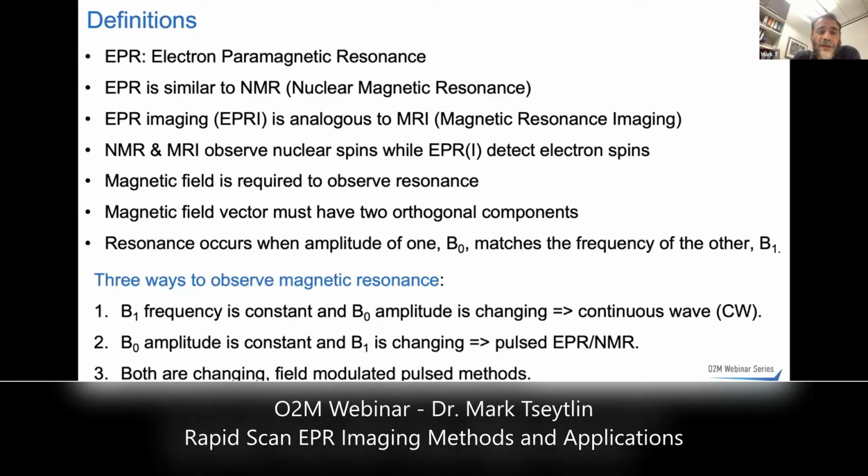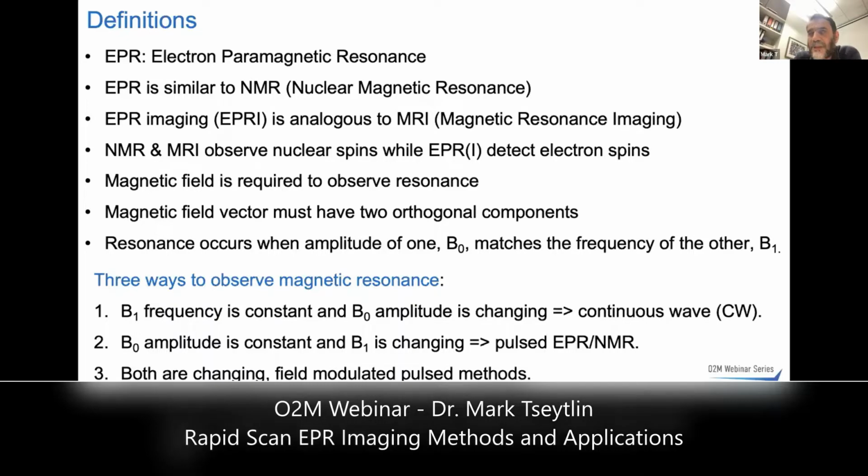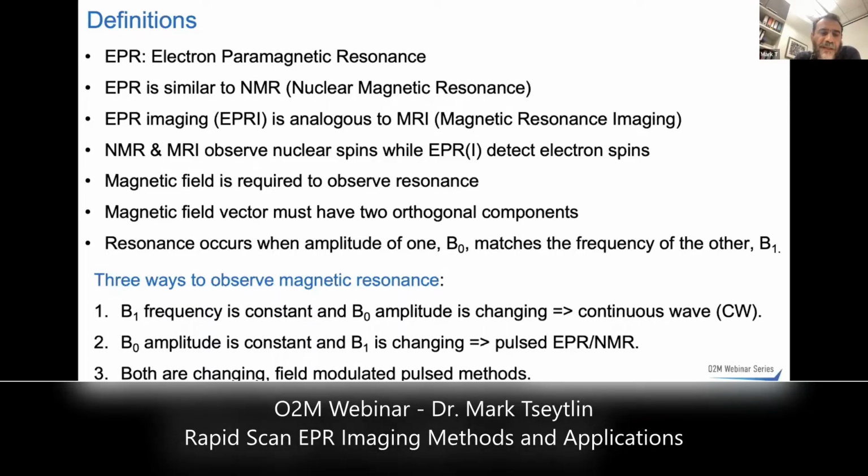EPR imaging is very much analogous to MRI, which is an imaging modality of NMR. NMR and MRI both observe nuclear spins, while EPR detects electron spins. The quantum mechanics and the physics of it are very similar. In both cases, a magnetic field is needed to observe resonance.